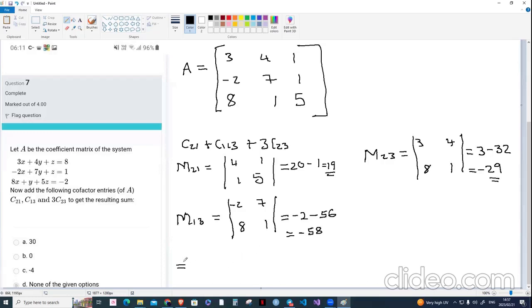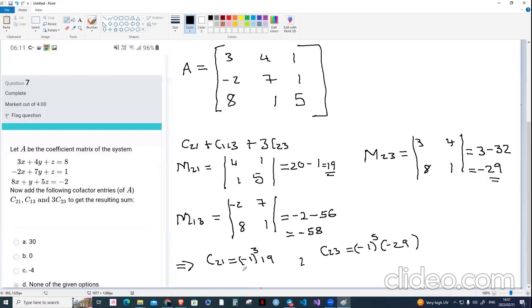So this implies that C21 is equal to minus 19. Then we've got a 19 here. And then C23 is equal to, basically, when you add these two numbers, let me just do it. 5 and minus 29.